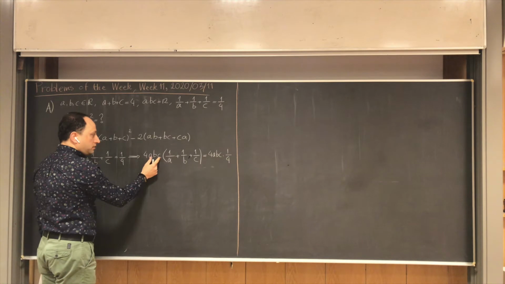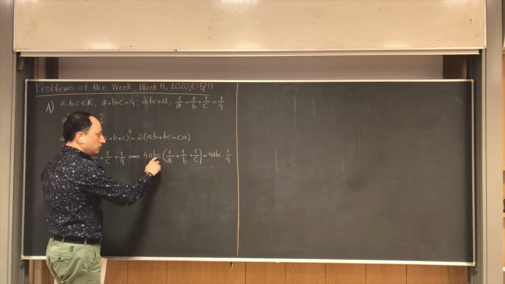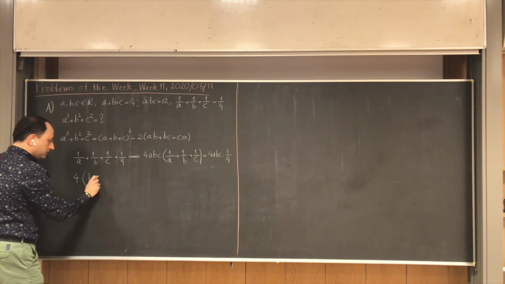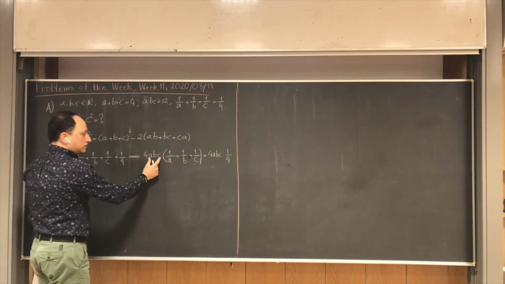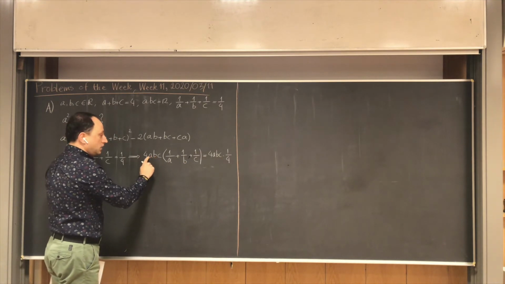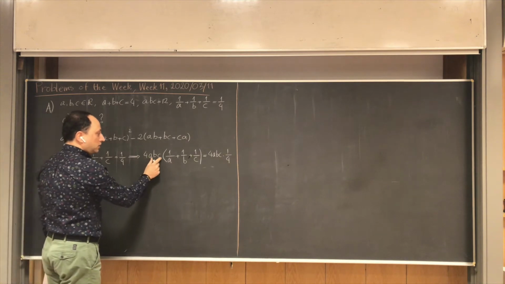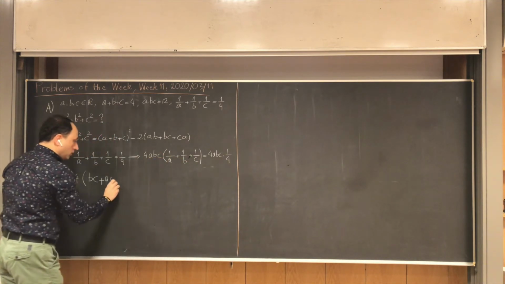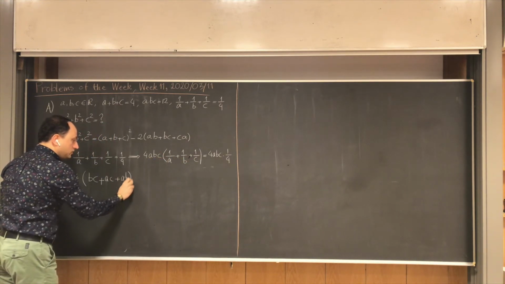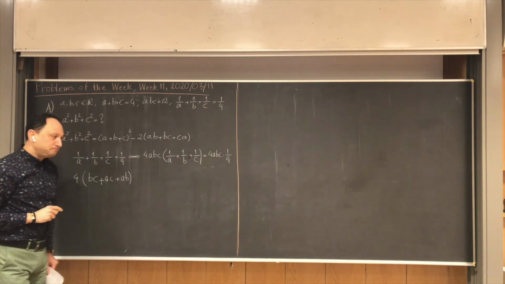When I multiply abc by 1 over a, this a and that a will be cancelled, and I will be left with bc. Okay? And when I multiply abc by the next term, b and b will be cancelled, and then I will have ac left. And then, if I multiply this by the last term, I will have ab. So at least you see that this is exactly the expression that I am looking for here, yes?